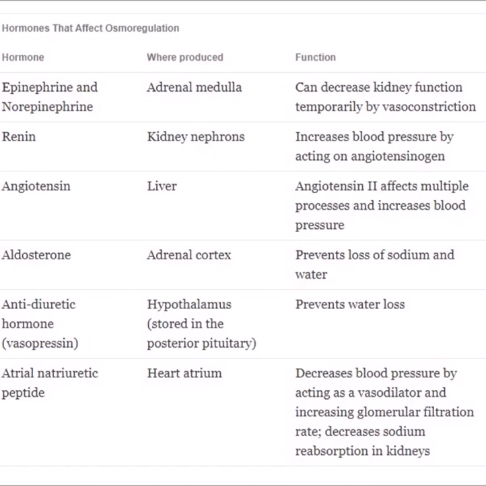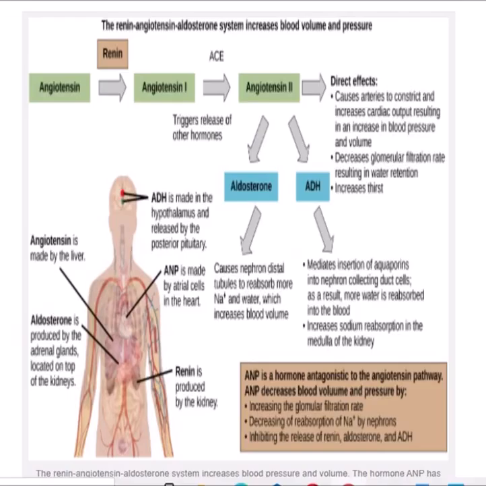As I've said previously, antidiuretic hormone or ADH, also called vasopressin, as the name suggests, helps the body conserve water when body fluid volume, especially that of the blood, is low. It is formed by the hypothalamus and is stored and released from the posterior pituitary.